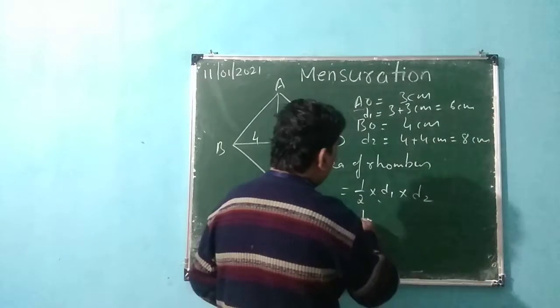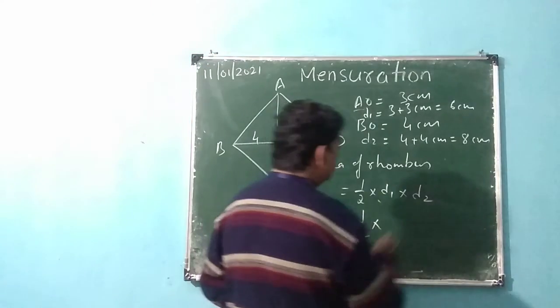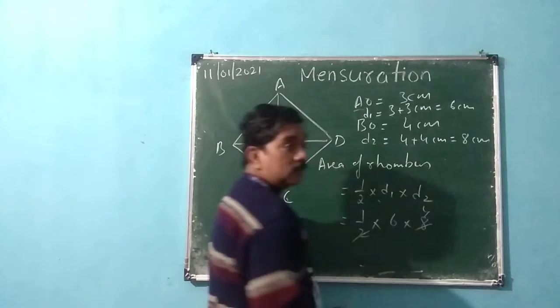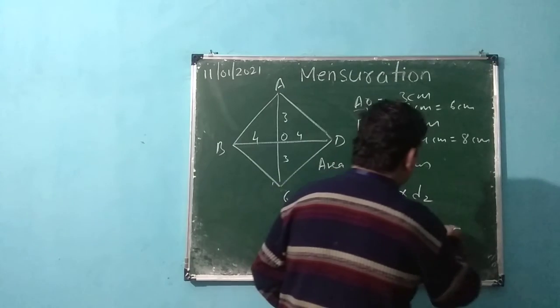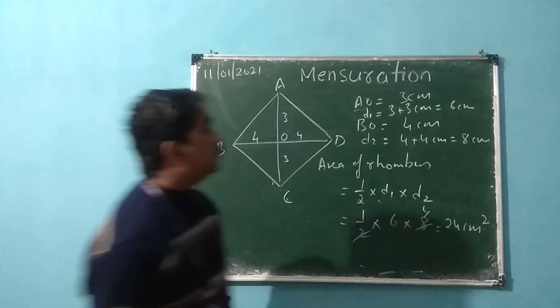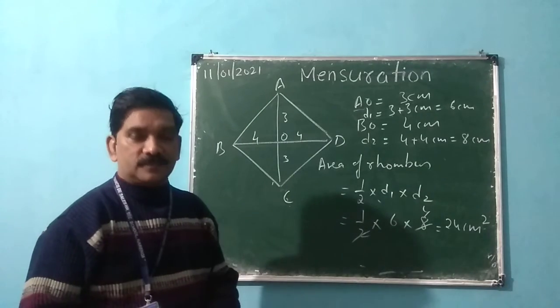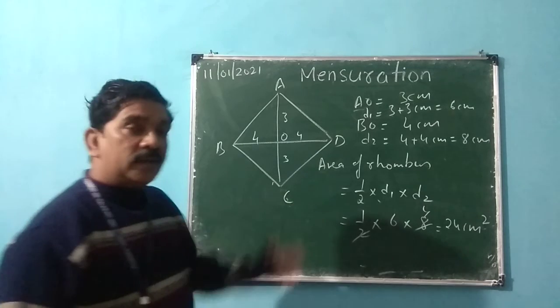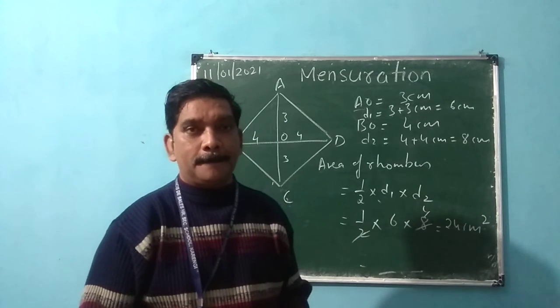So it will be half into 6 into 8. 6 into 4, 24 centimeter square. So this is what we are supposed to do in case of finding out the area of rhombus as well as area of trapezium.